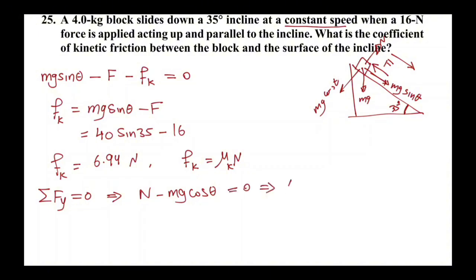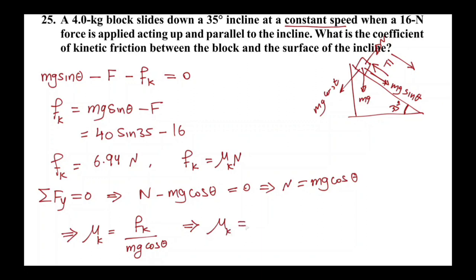So the normal for this one here is equal to mg cosine theta. So mu k, or the coefficient of kinetic friction, equals fk divided by mg cosine theta. You substitute numbers, you will get mu k equals 0.21, and remember it's dimensionless.